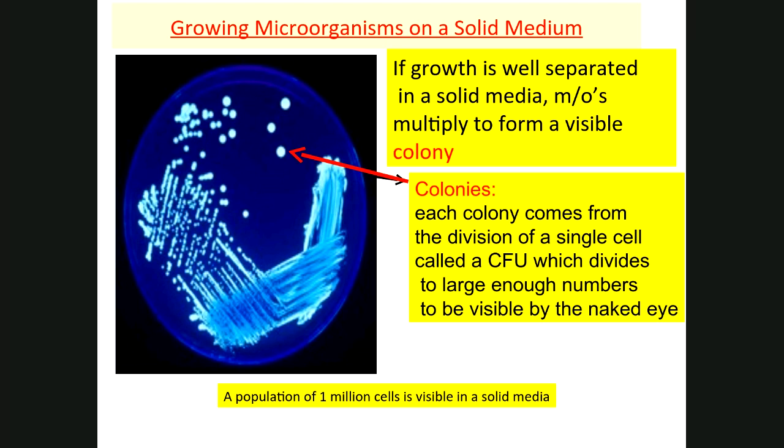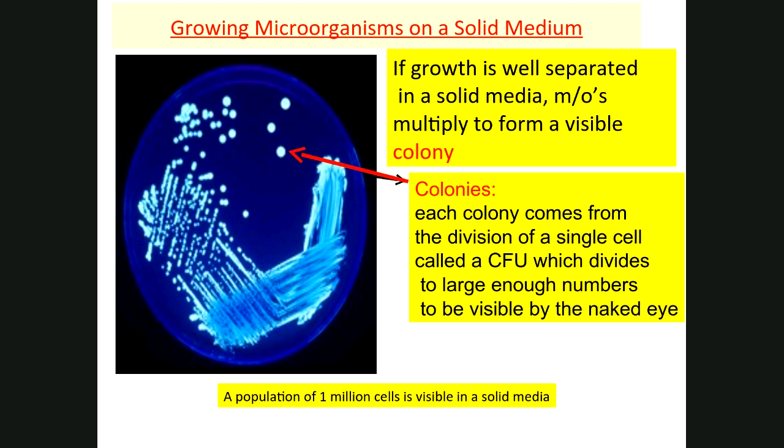One of the techniques to attain a pure culture is to transfer or work with a single colony. When you have an individual colony, that colony is considered a pure culture. By definition, a colony came from one or two cells, so every single cell in that population is identical.